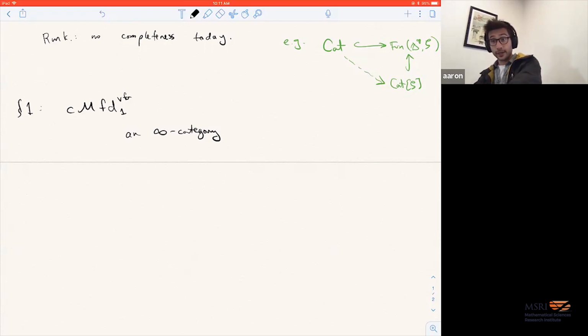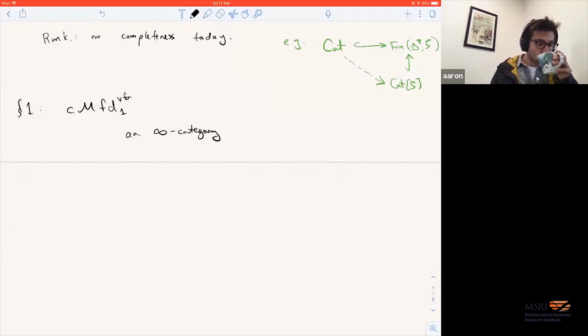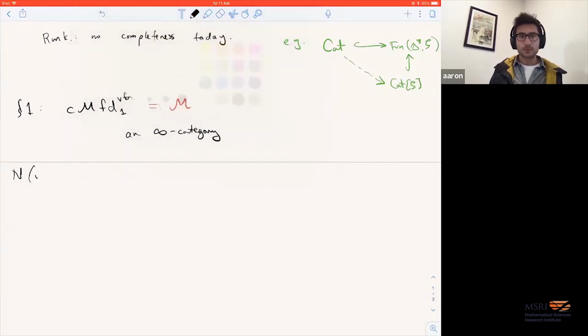And I'm going to define it using the description I just gave of infinity categories in terms of simplicial spaces. So also for simplicity, I'll just write curly M for this, so I don't write that same thing over and over.